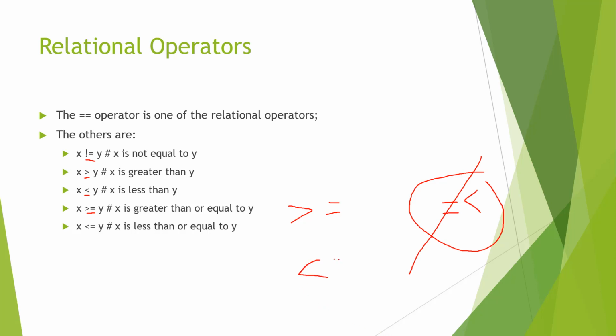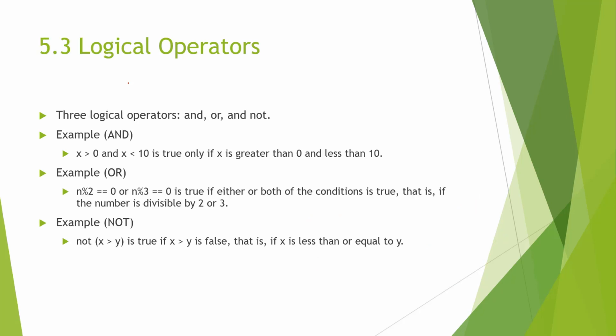Just like less than or equal to, writing it in reverse does not exist. So the order that we write these matters. These are relational operators. They look at value A and value B, or value X, and compare it to value Y. Our logical operators are things like and, or, and not.